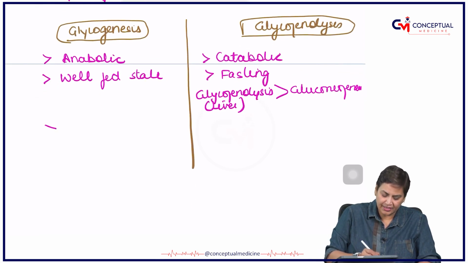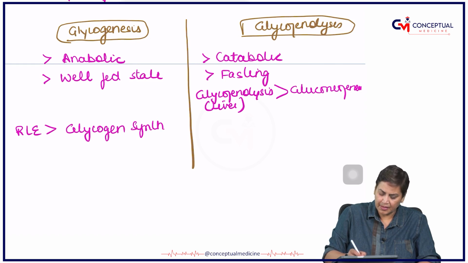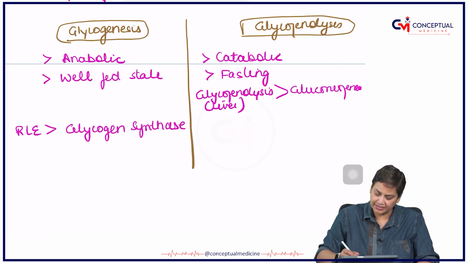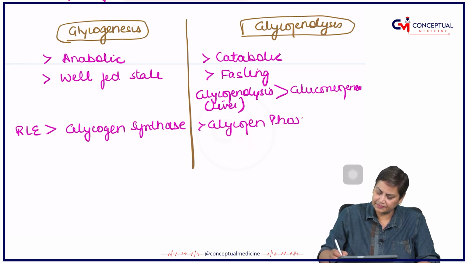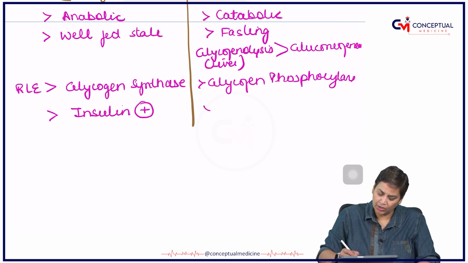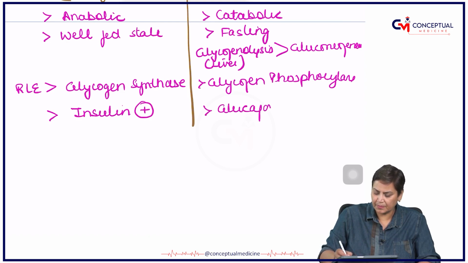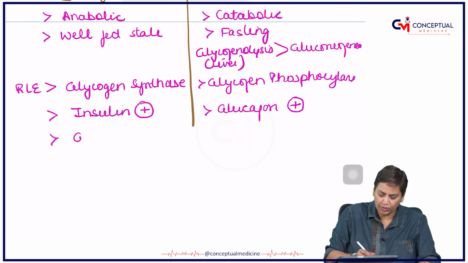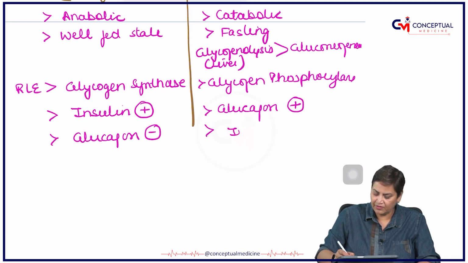Third important point is the rate limiting enzyme of glycogenesis is glycogen synthase. And the rate limiting enzyme of glycogenolysis is glycogen phosphorylase. Then insulin promotes glycogen synthase, whereas glucagon inhibits it, whereas here insulin will inhibit it.